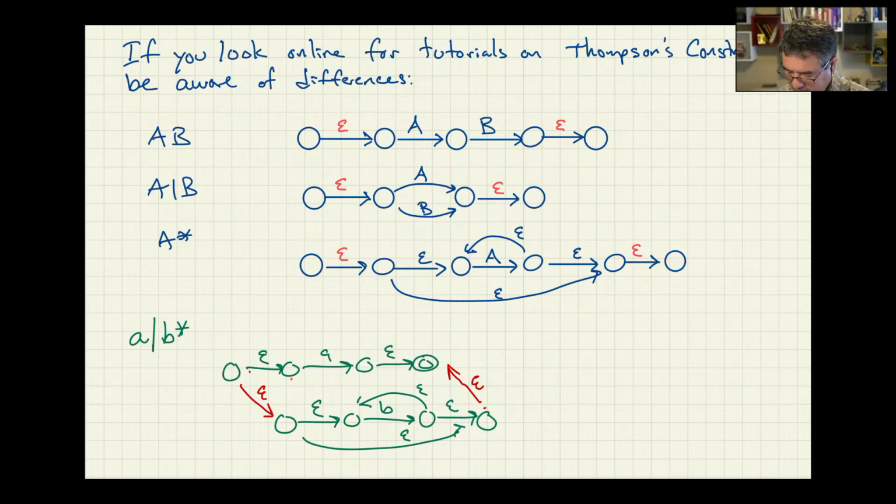And so the idea there is that if you have a regular expression like A or B star, you write down the construction for just a single A, which looks like the single A with the epsilons on either side of it. And then you write down the one for the B star, which looks like the UFO operator, and then you connect them with these epsilons, again like couplers in a railroad car.